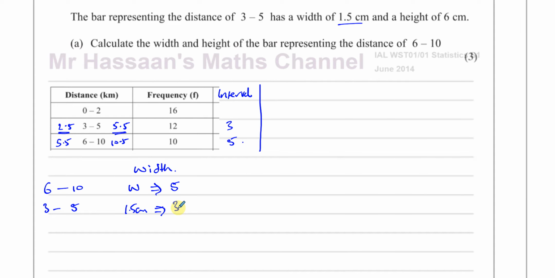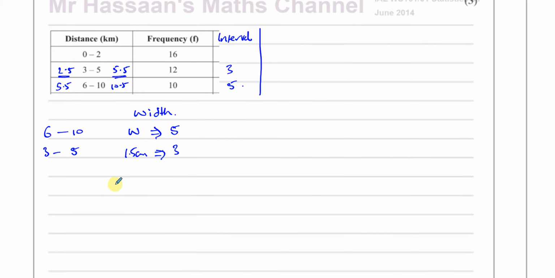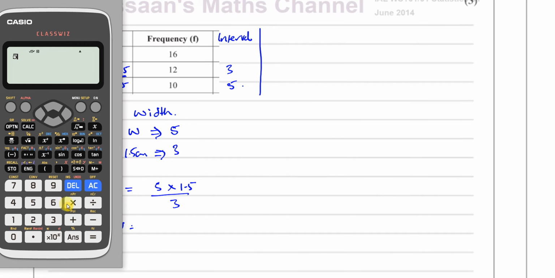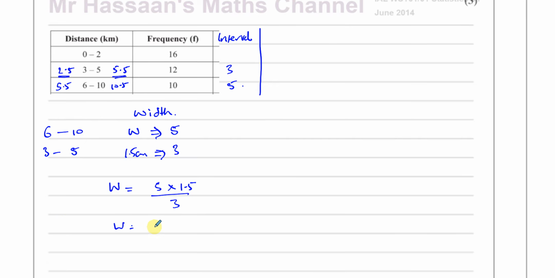So we want to find how many centimeters represent 5 units. We can use a simple proportion: the width is 5 multiplied by 1.5 divided by 3. That gives us 5 over 2, which is 2.5. So the width is 2.5 centimeters. That's the width of our bar.